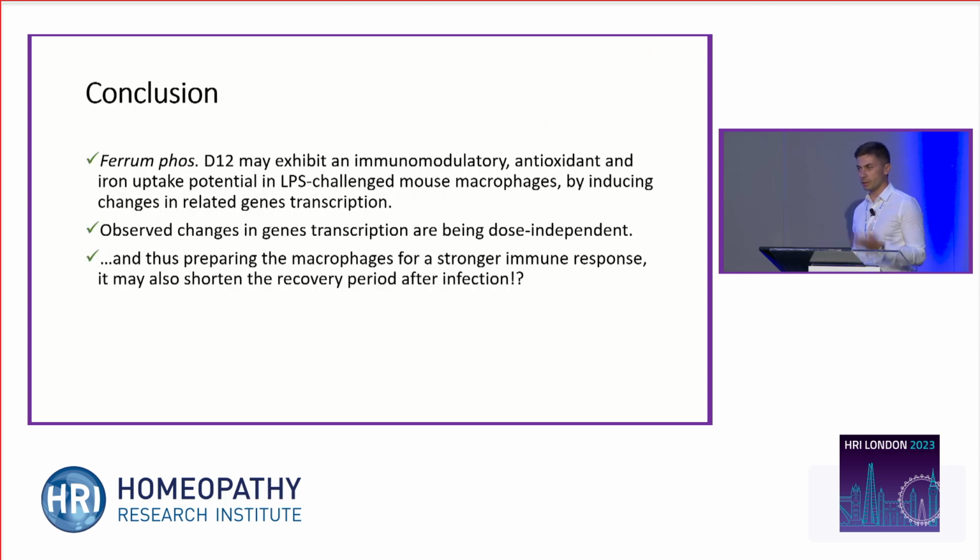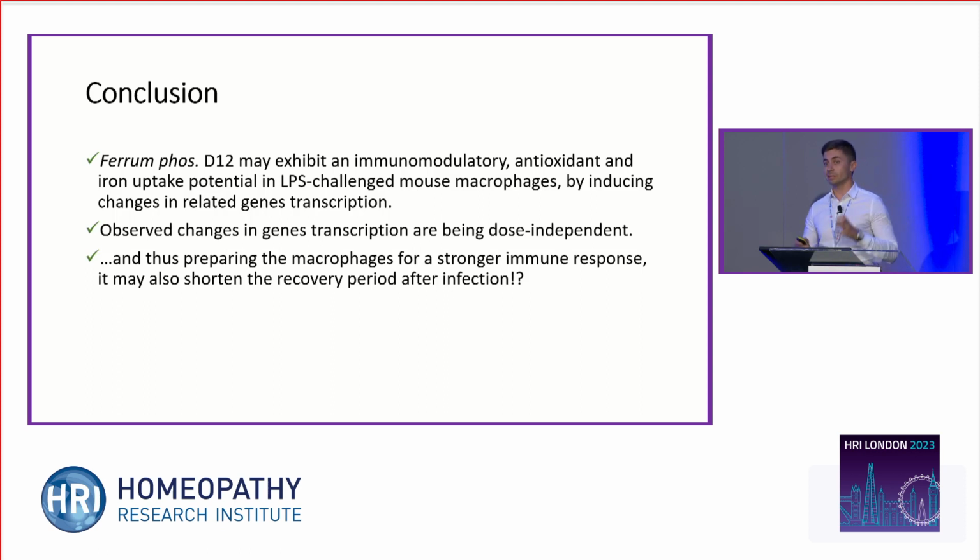So what we might conclude from all of these, Ferrum phosphoricum D12 may exhibit an immunomodulating potential, antioxidant and iron uptake potential as well in LPS-challenged macrophages by inducing changes in related gene transcription.